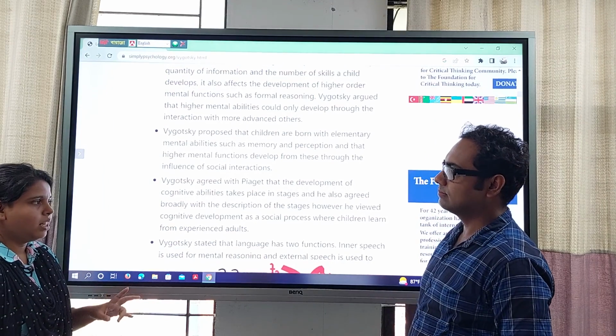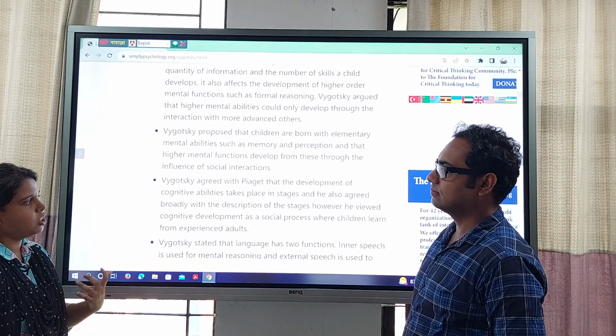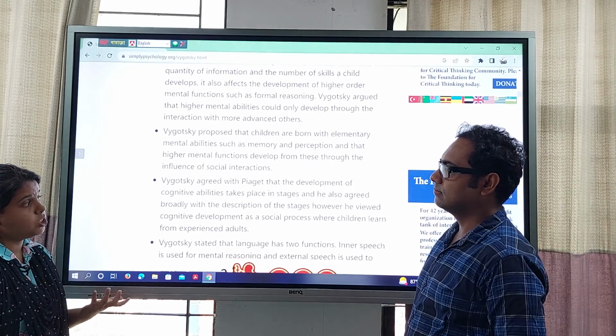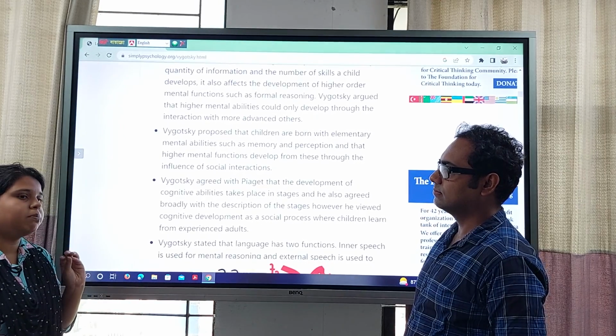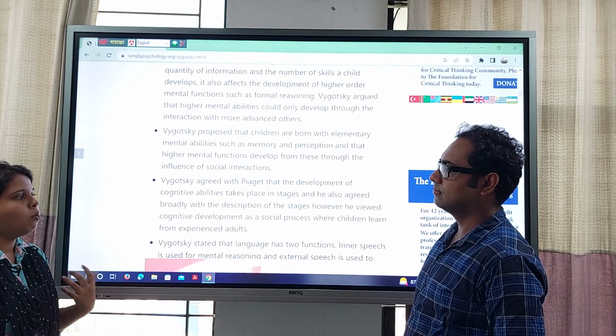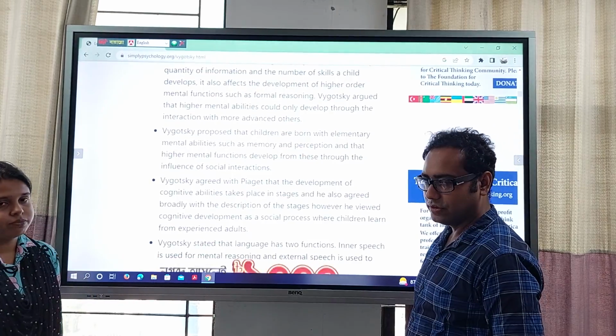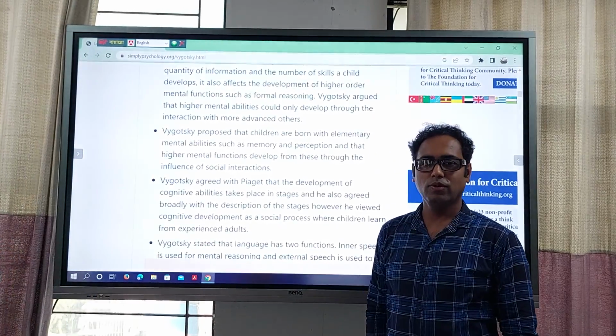So cognitive abilities take place in stages, and these stages help them to learn more perfectly. Excellent. Thank you very much. That's it from me. Well done.